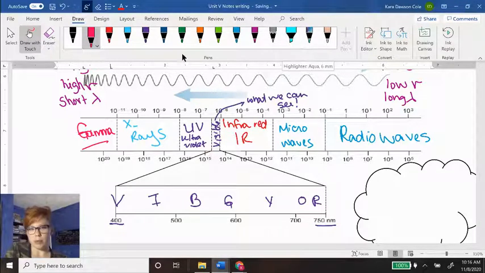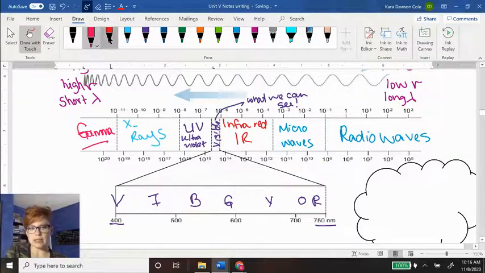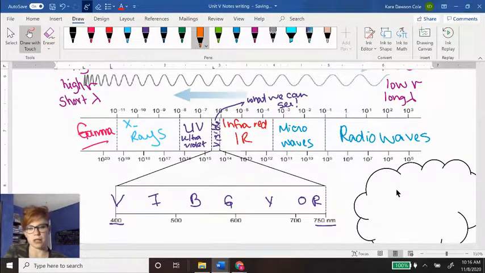So one thing to remember is the relationships between wavelength and frequency, and wavelength and energy. As you increase your wavelength, you are decreasing your frequency, which means that you're also decreasing your energy.